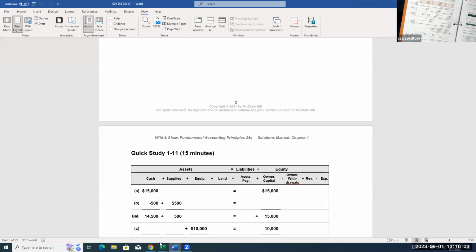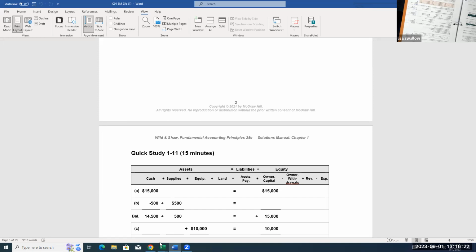What's that an example of? A liability. What kind of liability? Accounts payable or notes payable? Accounts payable, because I didn't sign a formal note with terms and interest. I just said, send me an invoice and I'll pay you. Okay.